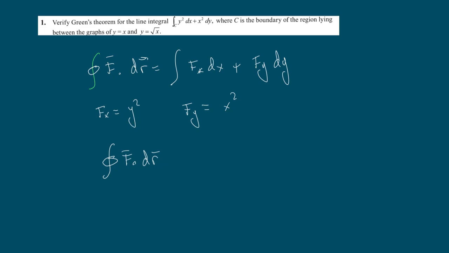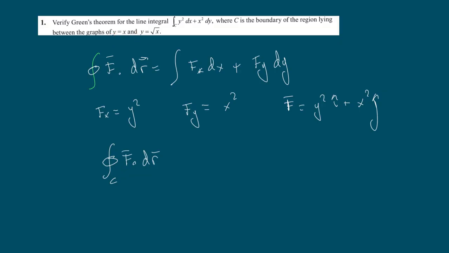But in this case, the vector field F equals y squared i plus x squared j depends on x and y, but is not conservative. Otherwise, the line integral would be 0. So, what does the problem say? Find the line integral over the curve C. Which curve C? The curve C is the boundary of the region lying between the graph y equals x and y equals square root of x.